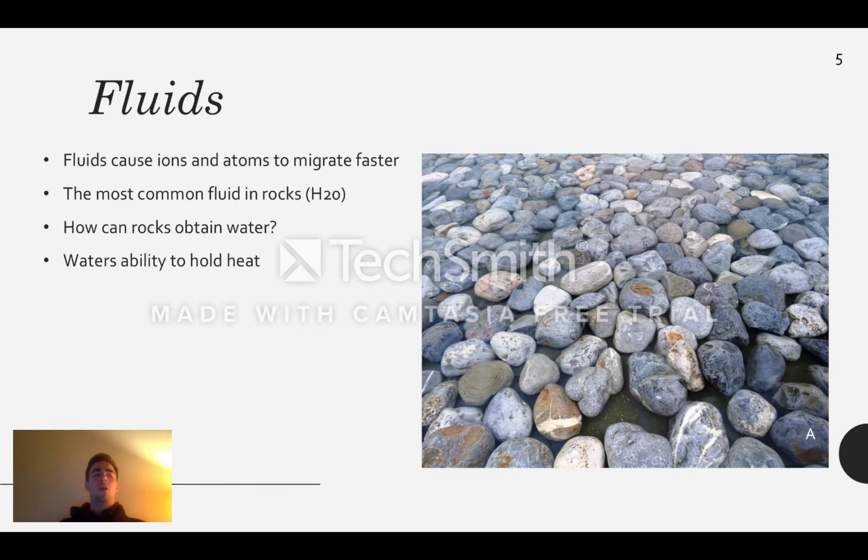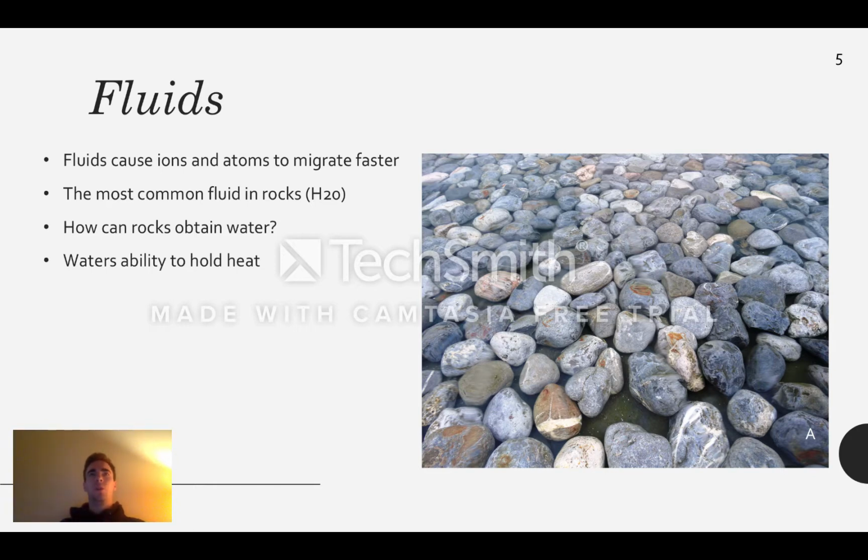So fluids cause ions and atoms in the rock to migrate all around quicker. And like I said in the first slide, the introduction to the rocks, rocks can grow, even though it doesn't sound like it. That sounds weird, but the fluids help move the ions around to parts of rocks, and it increases the rate of metamorphism because you're speeding up the reactions.